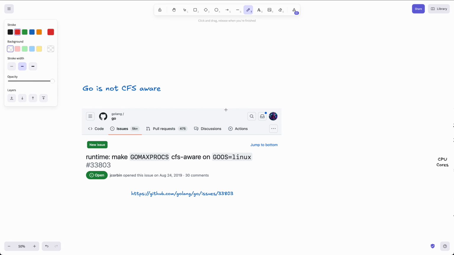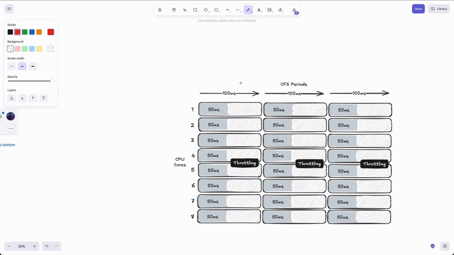To explain why, just remember we have a period of 100 milliseconds, but now because GoMaxProcs is set to 8 and we're using 8 threads, remember that the CFS quota is actually set to 400 milliseconds. So what's going to happen is we're going to have 8 threads, which are going to run for 50 milliseconds, which equates to 400 milliseconds of CPU time.